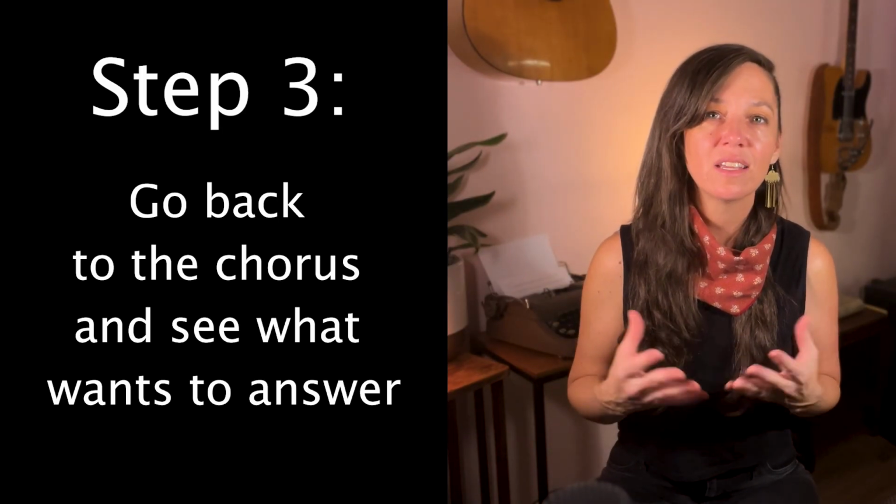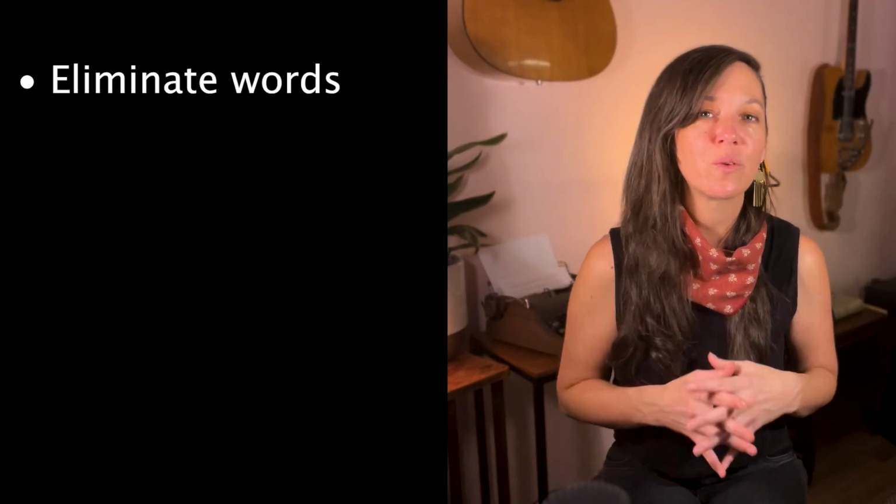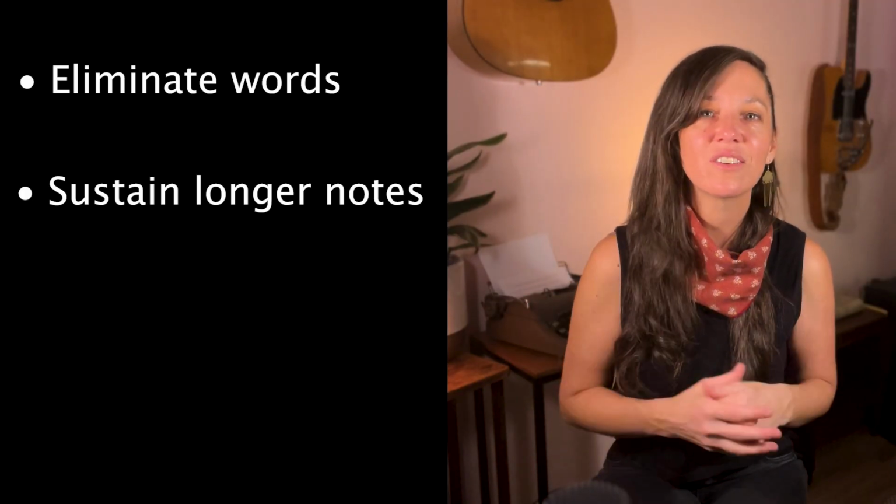And once you've put your pre-chorus in, now I want you to go back to your original chorus and see if there's an answer there that wasn't there before. With the addition of this contrasty new tense section, maybe you take out some words from your original chorus and you sustain longer notes.